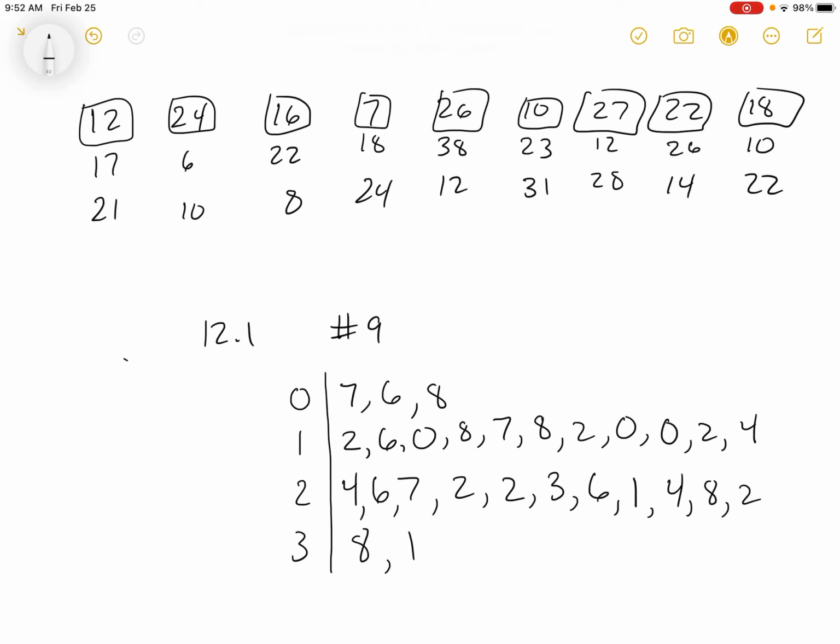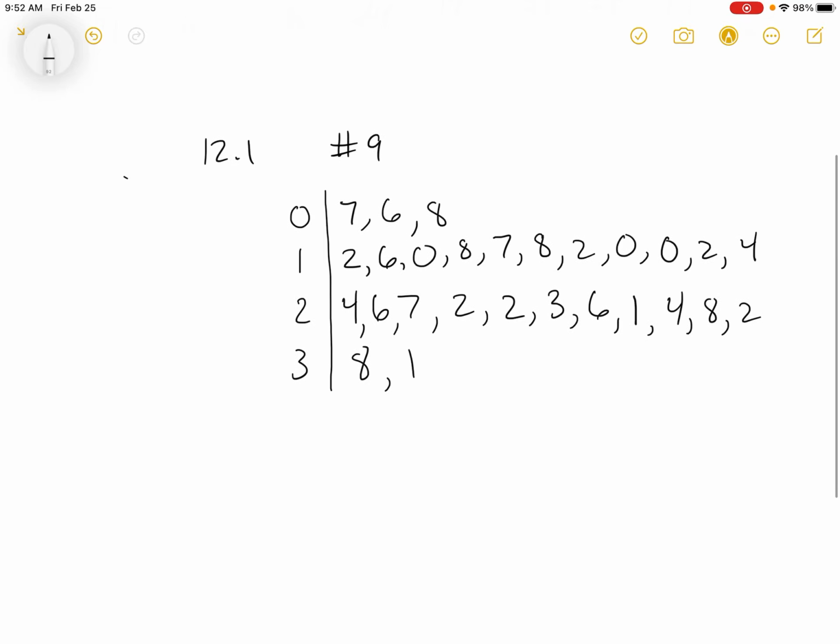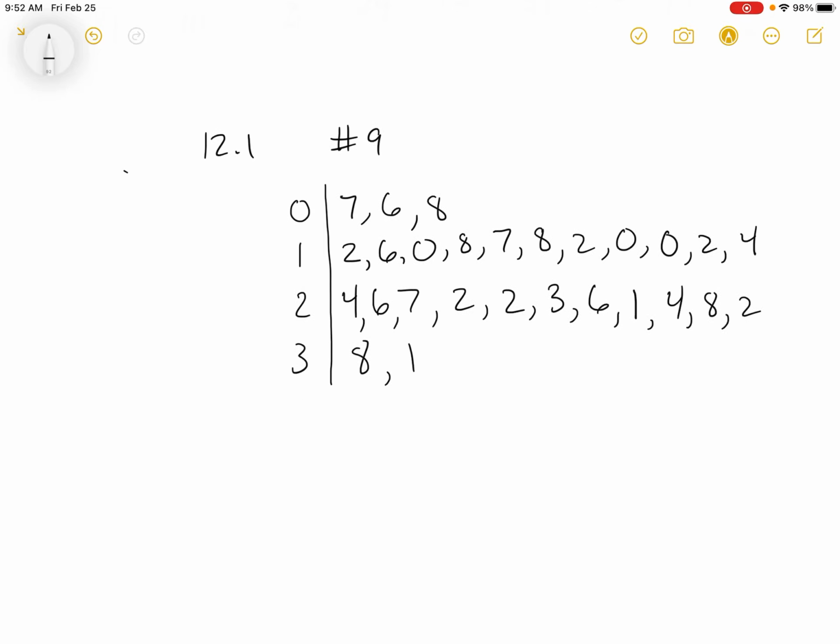Okay, and so what it does is it organizes the data. If we did arrange these from low to high, and if they did want you to, if you find that you missed it, take a look at the directions. If it does say to go from low to high, this is still a good starting point. But if it wanted to go from low to high, we'd have 0, 6, 7, 8, and you want to keep everything.